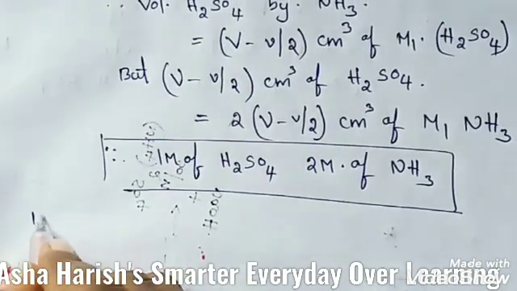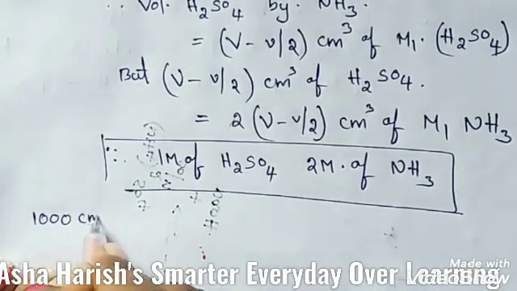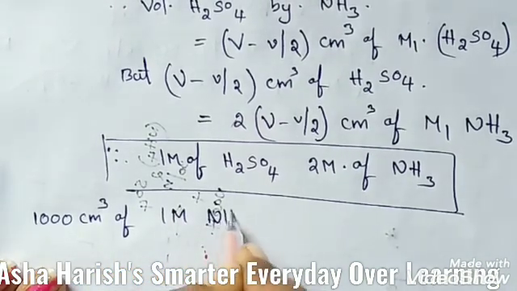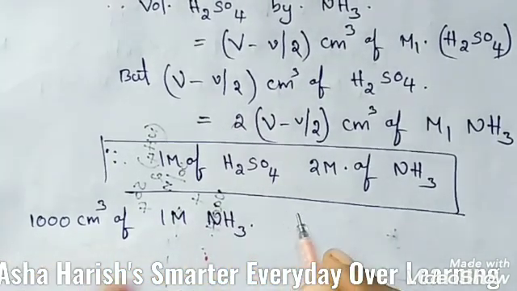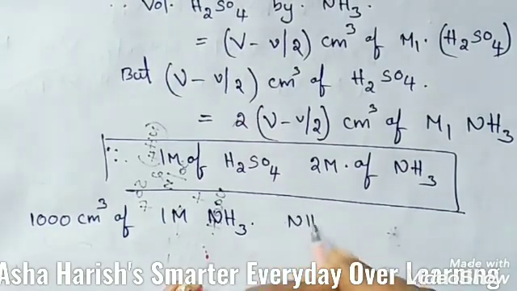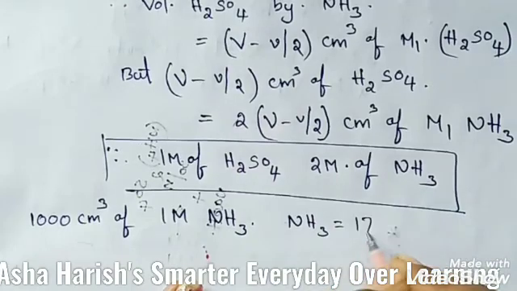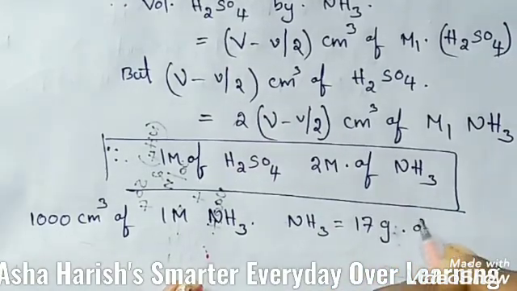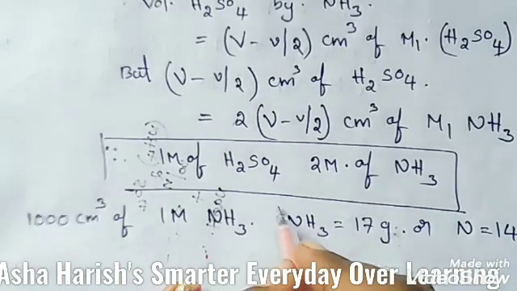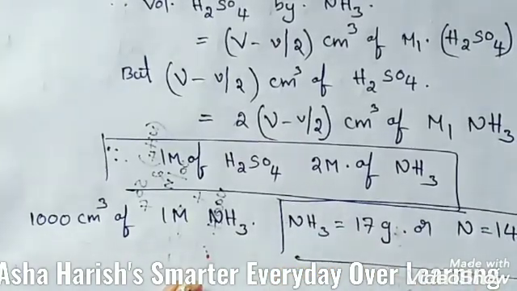Now 1000 cm³ of 1 molar NH3 solution will contain NH3 equal to 17 grams, or N equal to 14 grams. This also you need to remember.